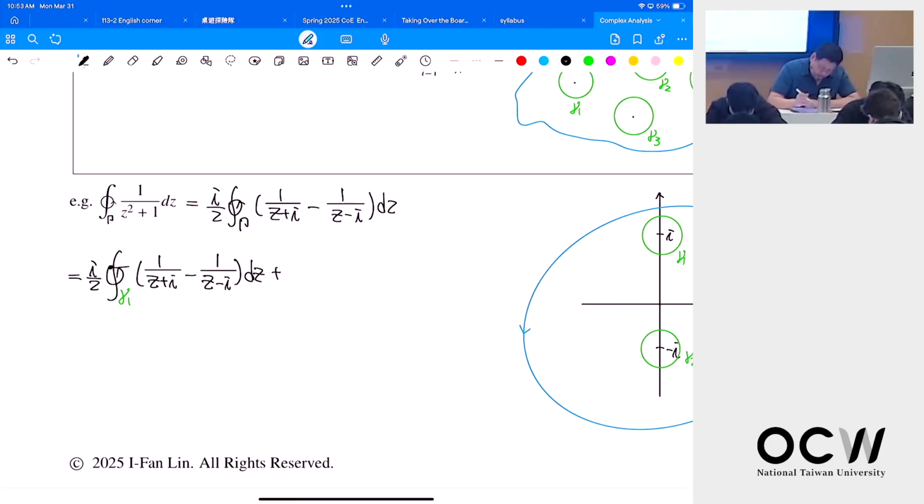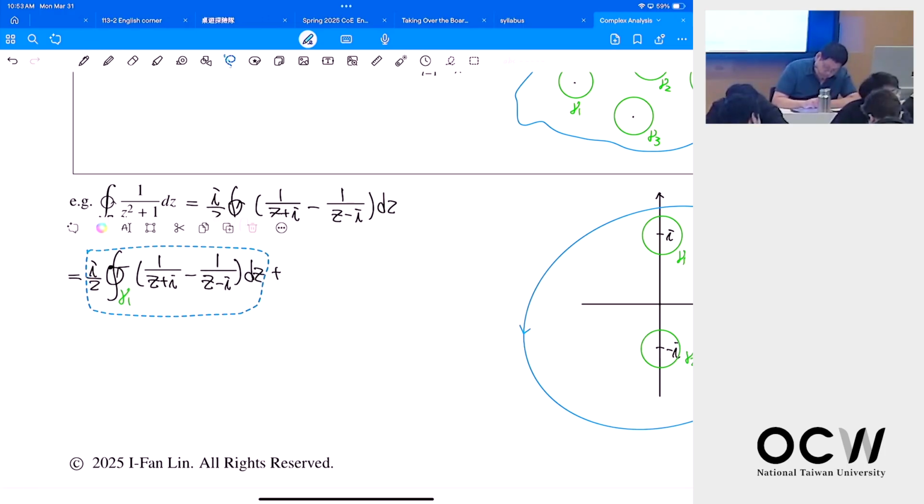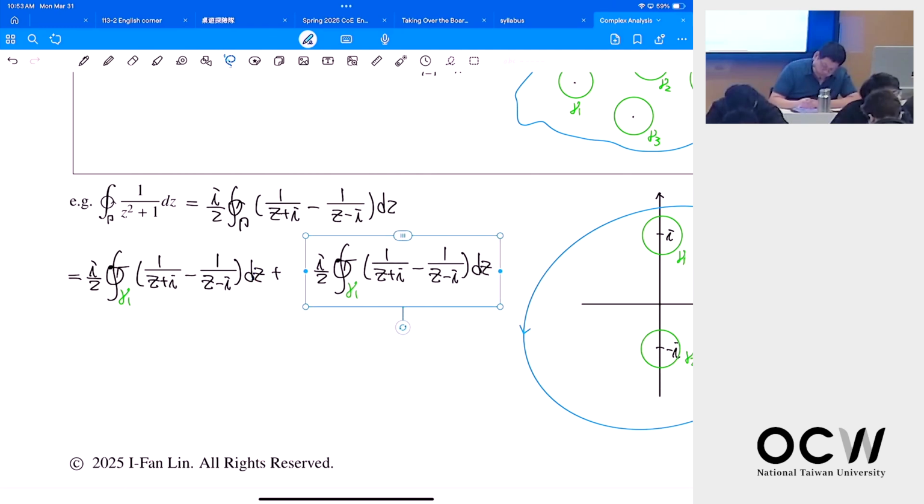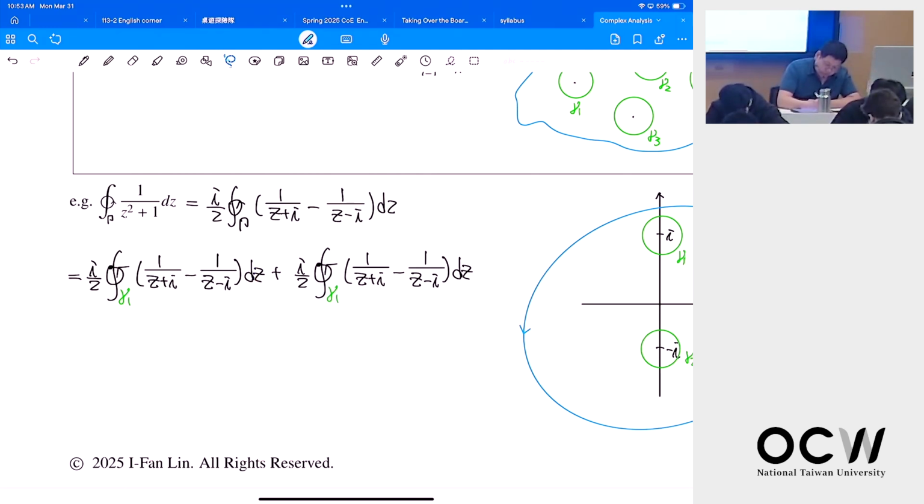And the other part, maybe I just copy and paste. That will be your gamma 2. So we'll change here to gamma 2. Then we have four parts. First, for gamma 1, I have 1 over z plus i dz.